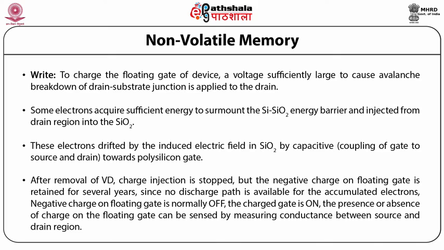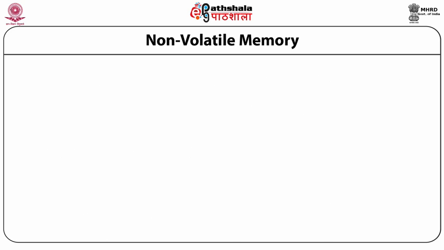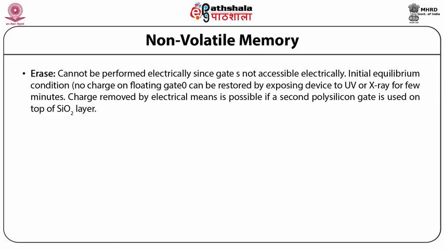The device with no charge on the floating gate is normally off and the charged gate is on. The presence or the absence of charge on the floating gate can be sensed by measuring the conductance between source and drain region.